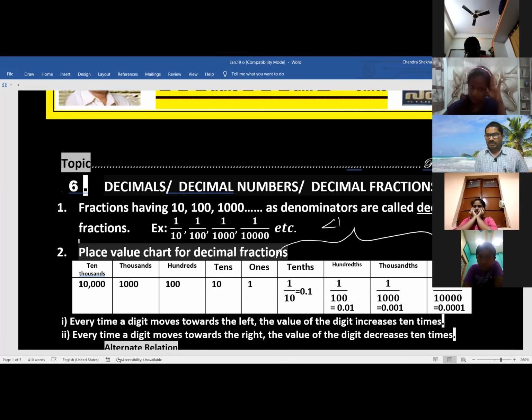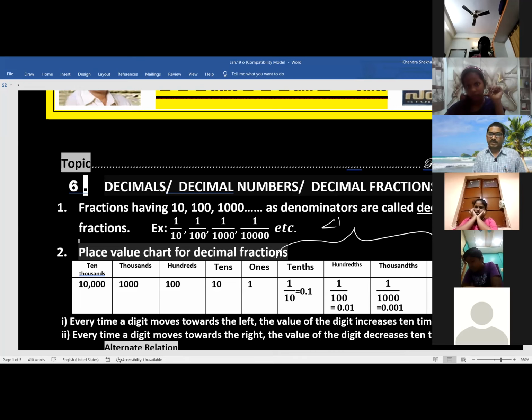So 1 by 10 means this is 1 by 10. So this is the whole, this is one fruit. This is 1 by 10 part of the fruit. So which is a larger part, 1 or 1 by 10th part?